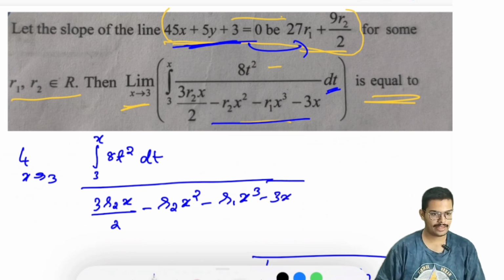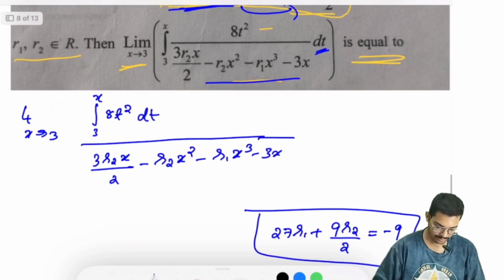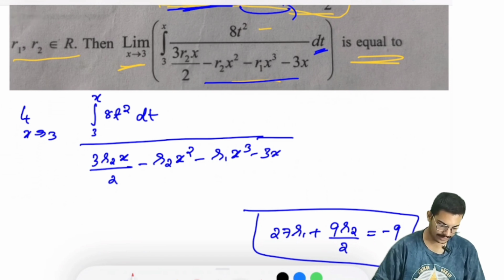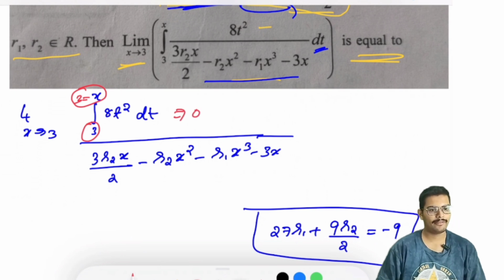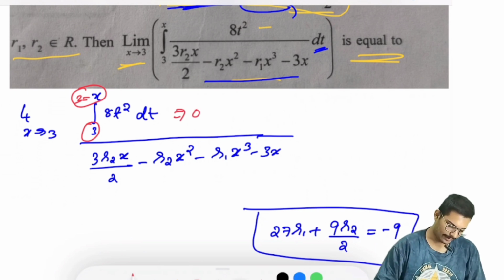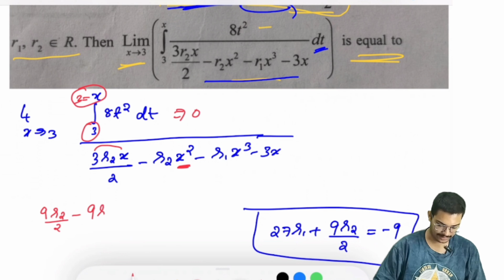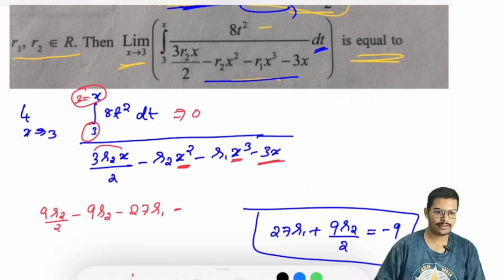This is it. Now, here when you apply x equal to 3, upper limit and lower limit become equal, so this numerator part becomes 0. What will happen if you put x equal to 3 in the denominator? It is 3 into 3, 9 r2 divided by 2 minus x square, which is 9 r2, minus x cube, which is 27 r1, minus 3 into 3, which is minus 9.